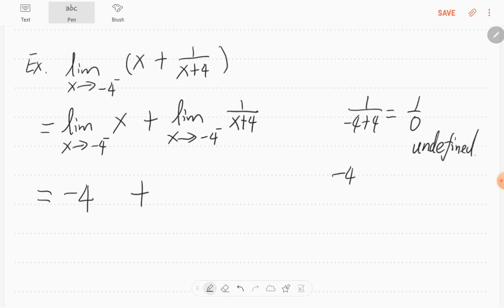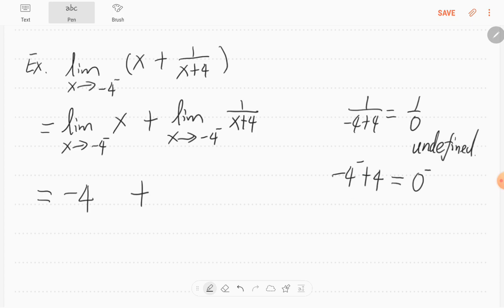It's close to negative 4 but less than negative 4, plus 4, so this would be very close to 0, but it should be less than 0. For example, if you choose negative 5 plus 4, it equals negative 1, a negative number. So negative 4 minus means very close to negative 4, but less than negative 4.